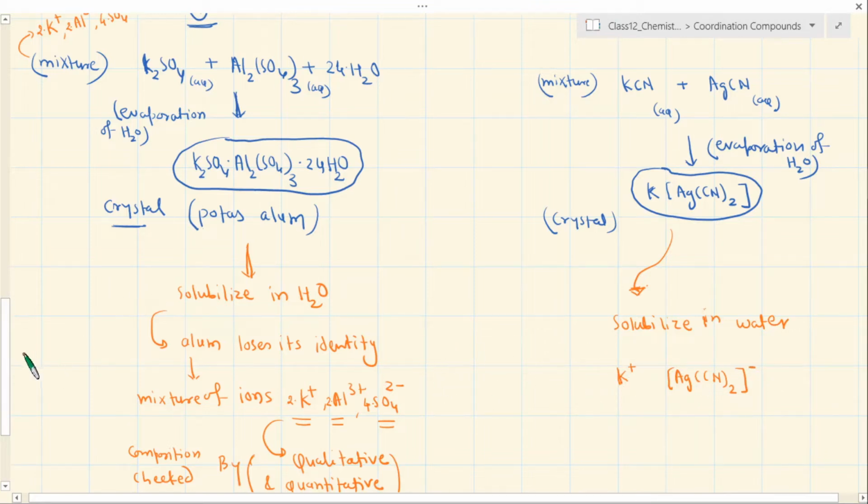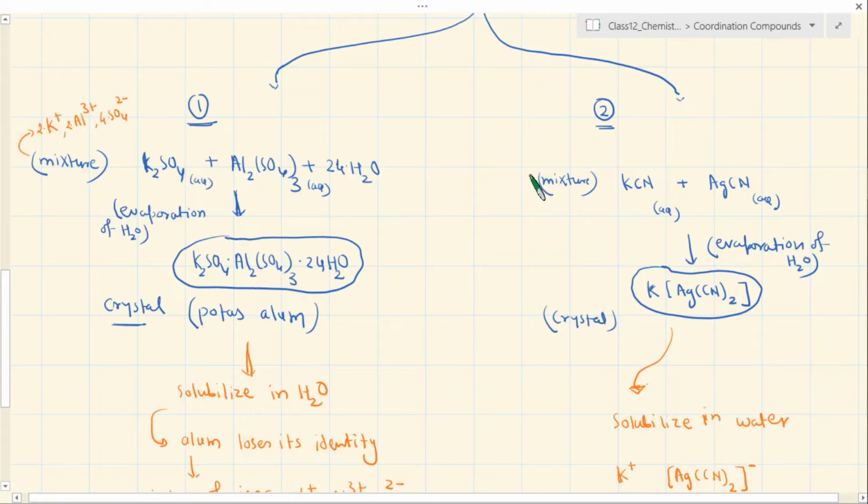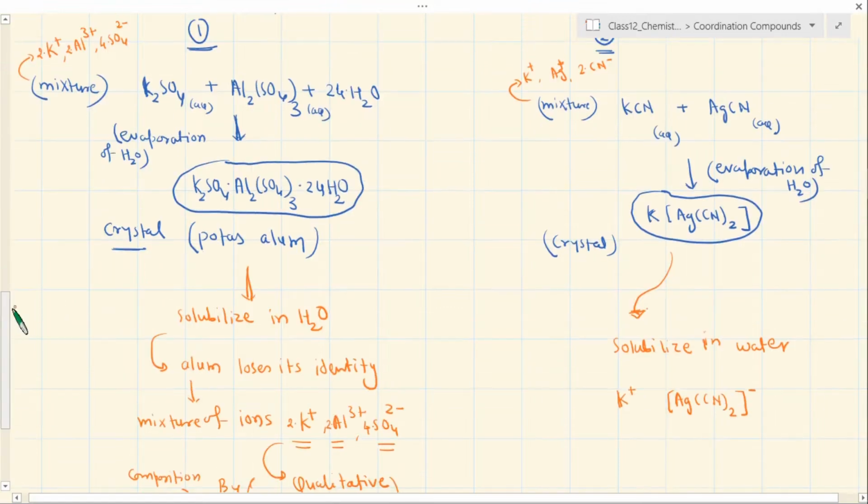Look at this composition. You started with the original mixture which has composition in 2 different solutions here. They gave you 1 potassium and 1 Ag and then 2 CN, right? This was your original mixture in aqueous solution. But now when you evaporated water, you get a certain crystal, only one type of crystal, and when you solubilize this crystal again in water, you get only 2 types of ions.